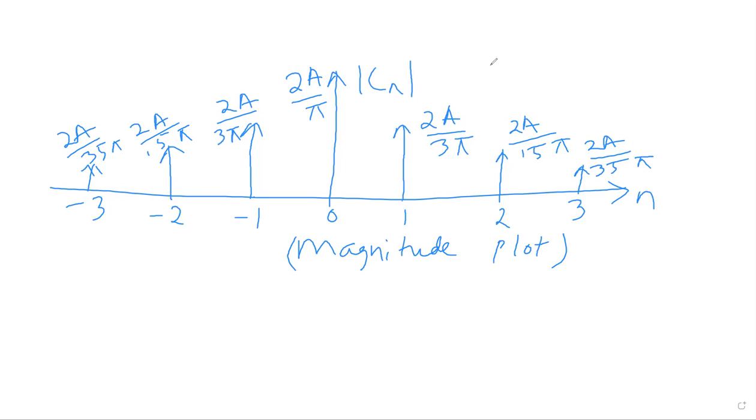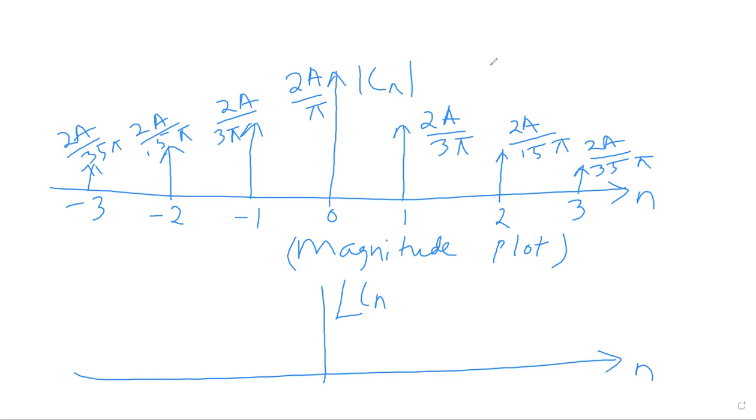For the phase plot, you have to draw angle of Cn versus n for 0, 1, 2, 3 and so on, and minus 1, minus 2, minus 3. For all of these the angle is 0 degrees, so you just need to put a circle on the x-axis.